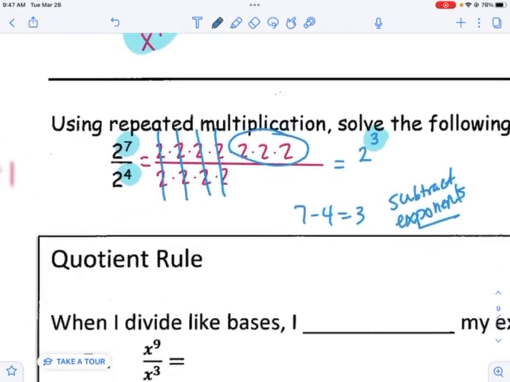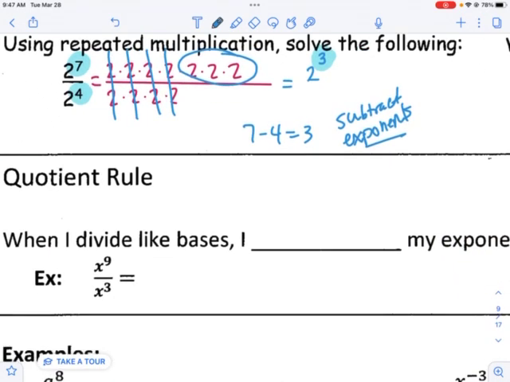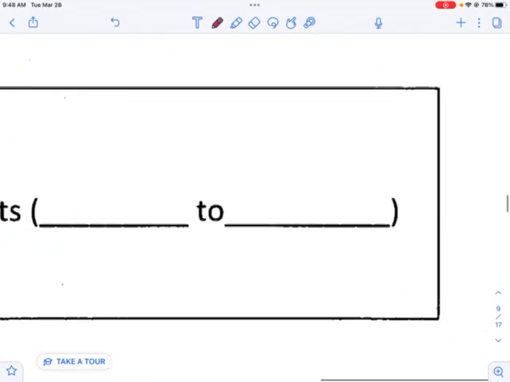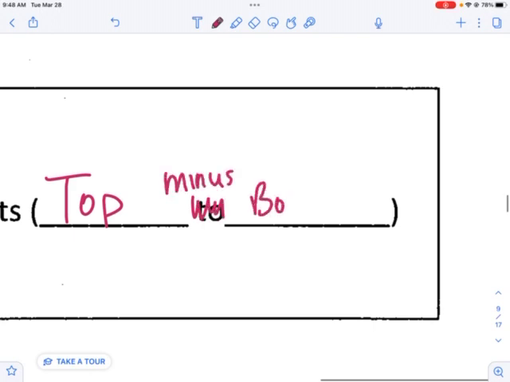All right, so let's go ahead and actually learn the quotient rule. When I divide like bases, again, like bases have to be the same, my 2's were the same, I subtract my exponents, and I want you to write in: top minus bottom.